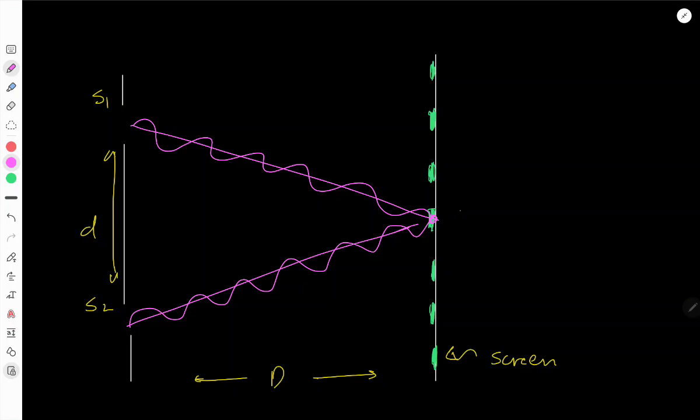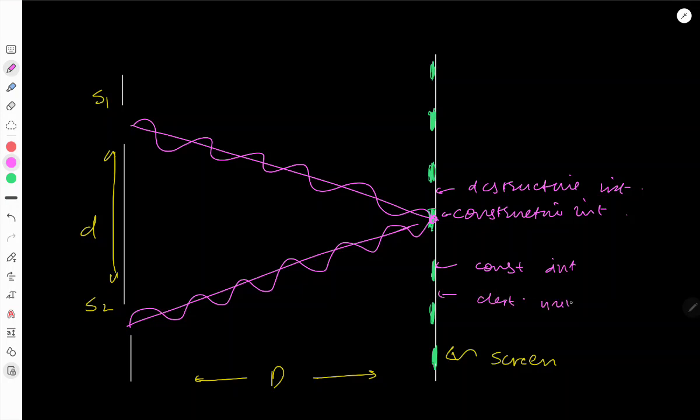So now, over here there is a constructive interference. Over here, just below it, there is destructive interference. Over here, again constructive. Over here, it is destructive interference.